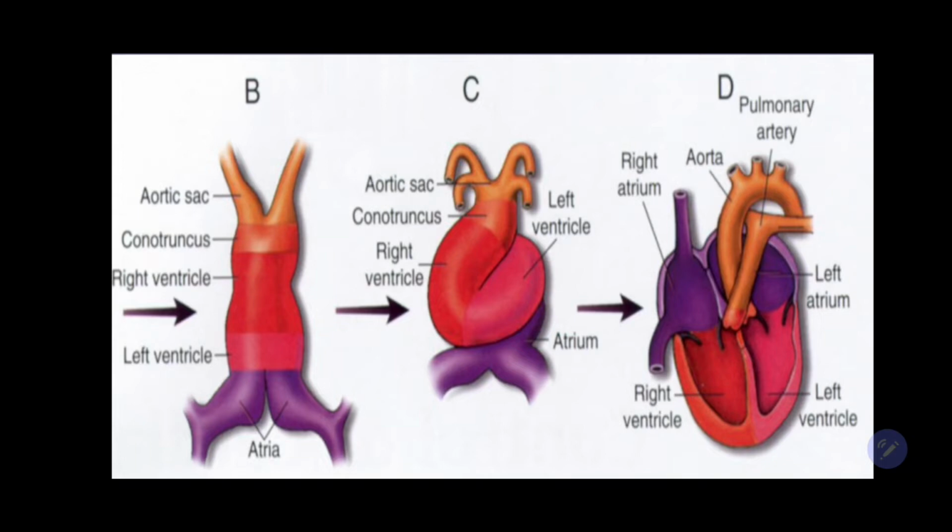So this AV orifice is going only to the primitive left ventricle, but this bulboventricular flange will recede, resulting in the access of the AV orifice to both right and left ventricles. So this whole thing is the bulboventricular canal here. Initially, because of this flange, the blood is going only to the left ventricle and then to the right ventricle.